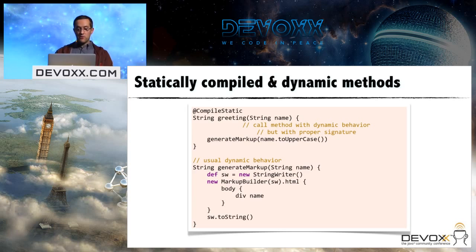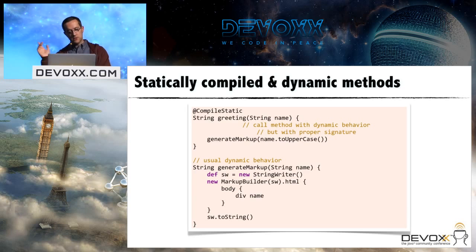And if you want to mix things which are statically compiled and dynamically compiled, just like the previous example with @TypeChecked, with the @CompileStatic annotation you can put it on one method because you want just that method to be statically compiled. And if you want to use dynamic features, don't annotate the method containing the dynamic features with @CompileStatic. So again, just like TypeChecked, you can put the annotation on the method or on the class.